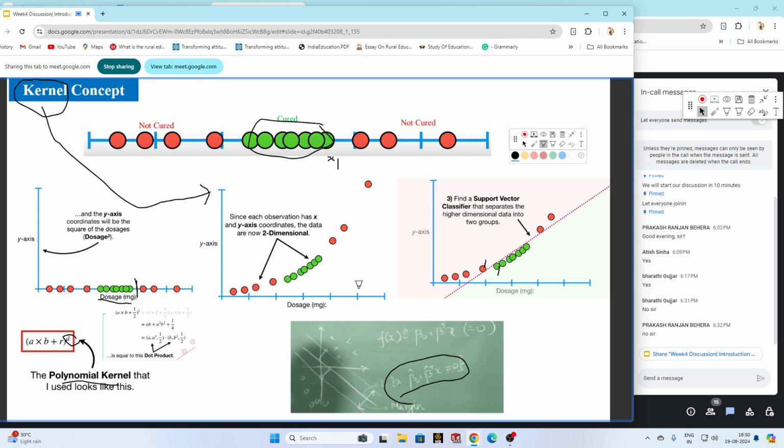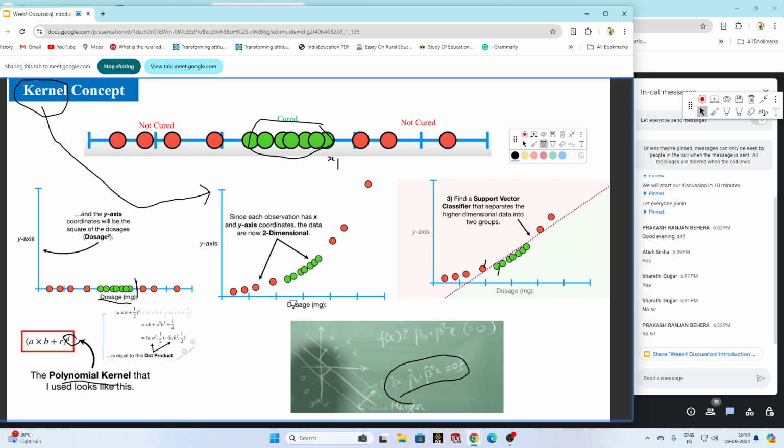Yeah, for that, now you have applied it on two-dimensional data, right? This is one-dimensional feature data. What we have done is increase the one dimension into two dimensions. That is why we have used dosage and dosage square. This y axis is dosage square.